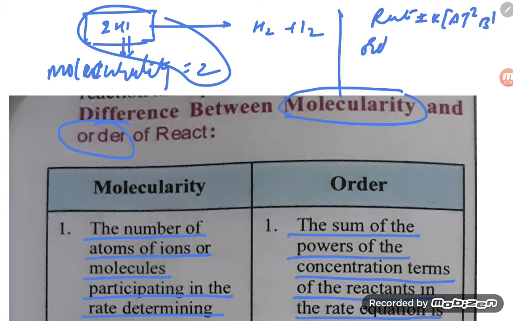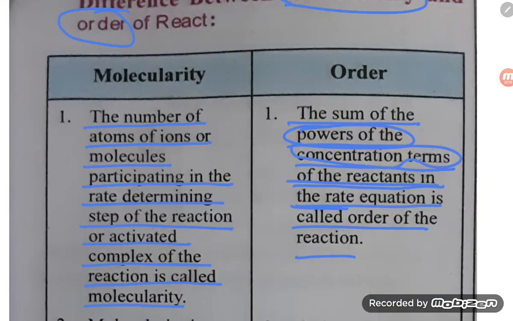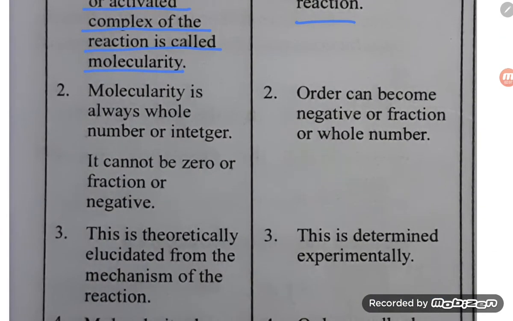So what will the order be? Order is equal to 2 plus 1, the sum of the powers of concentration terms in the rate of reaction. So the order will be 3. That is the molecularity and order of reaction.